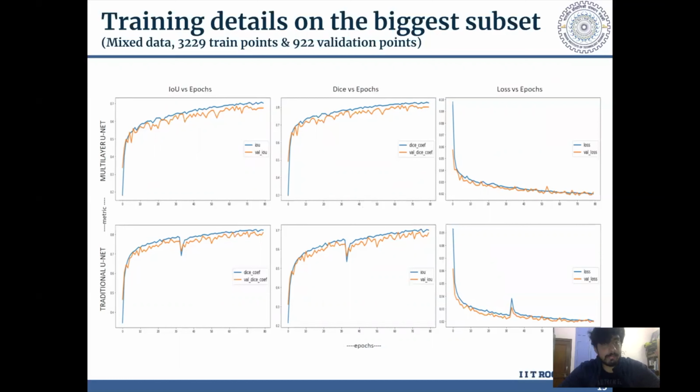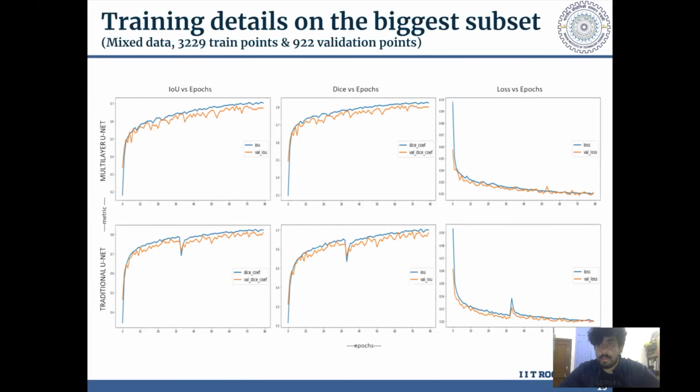So as we can see over here, in the IOU and the dice coefficient versus epochs, both the graphs are consistently increasing with an increasing slope towards the end, which is a good indication, telling us that if we increase the number of epochs further, the IOU and dice coefficients would increase, which is a really good thing to happen.